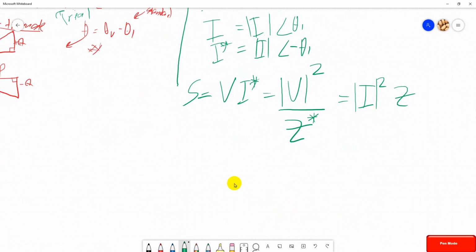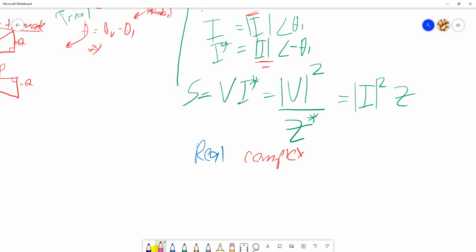So how to memorize this? If I draw this again, you need to know which is real and which is complex.